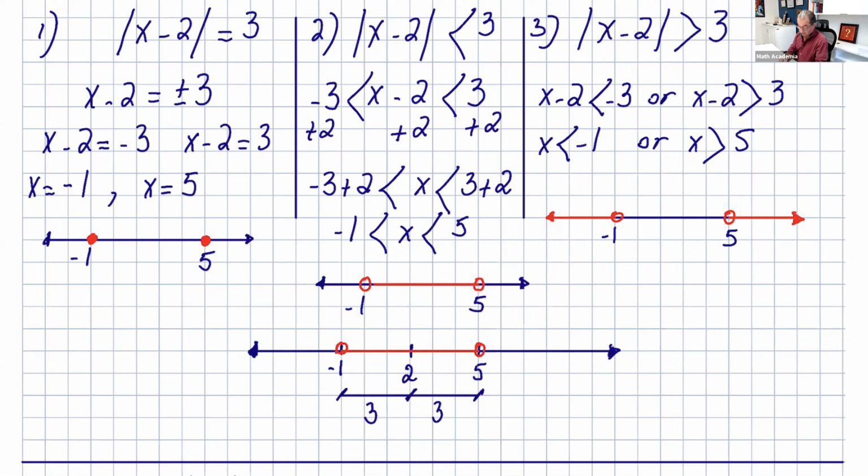So just notice that number and that number. 2 is right in the middle, plus 3 is 5, and minus 3 is negative 1. Basically, this is the distance we move to the right of 2 and to the left of 2.